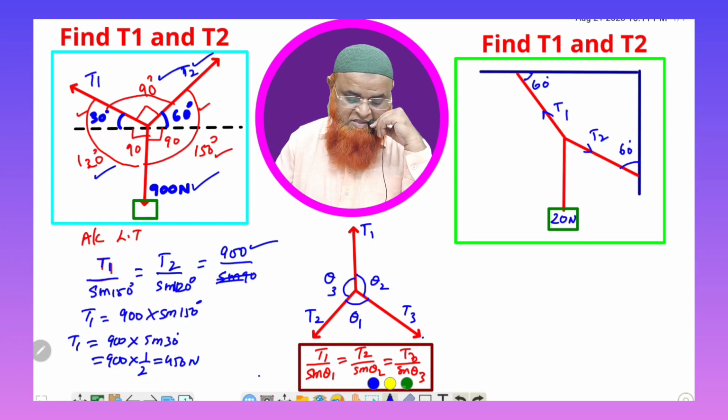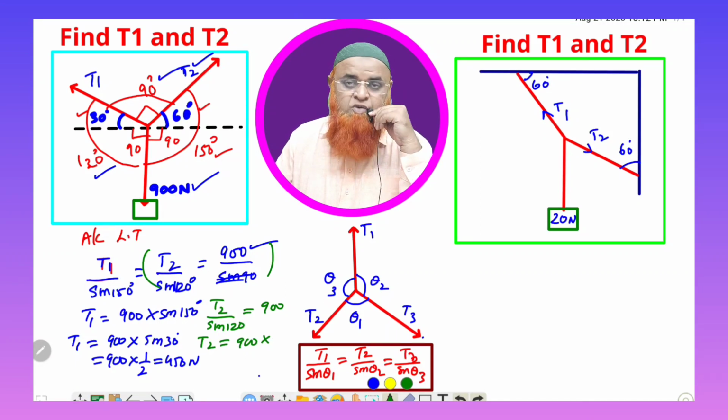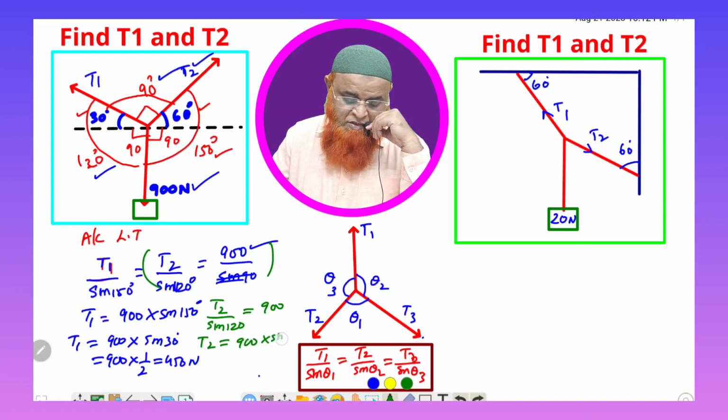Similarly, you can take these two identities shown here, that is T2 by sin 120 is equal to 900 by 1. So we can take T2 is equal to 900 into sin 120. Sin 120 can be taken as sin of 180 minus 60, which is again sin 60 degrees.